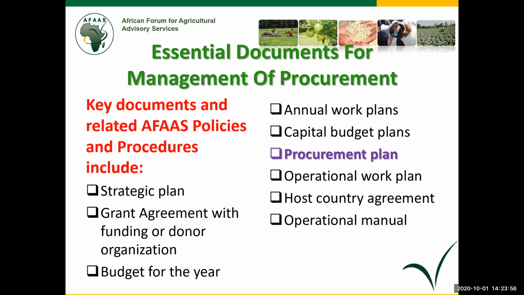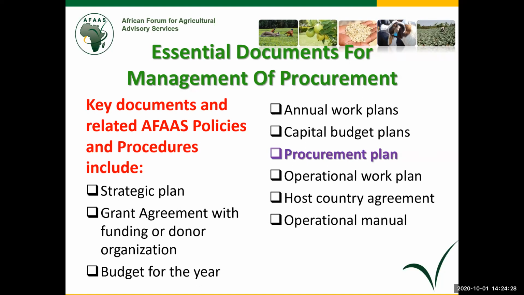The budget for the year is always very important, the annual budgets. Then the annual plans that are developed by the program teams. And where we have capital budgets, capital plans, and so on, for organizations that are able to do constructions that move across beyond 1 year, etc., they can have the capital budgets for their projects.